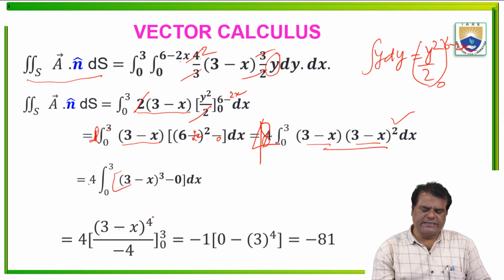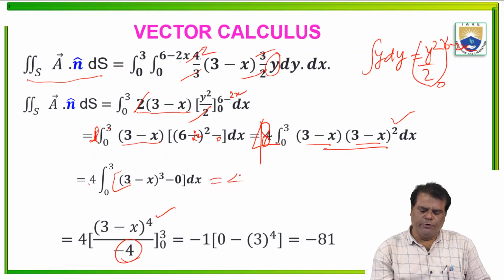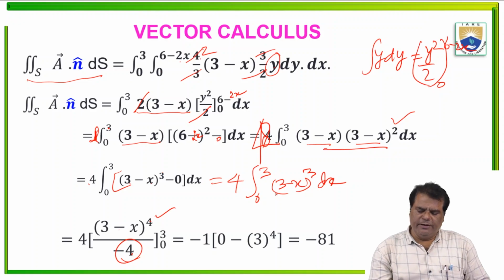So minus 4 integral of this 3 minus x whole cube dx. This equals 4 times the integral from 0 to 3 of 3 minus x whole cube dx. So we get 3 minus x to the power 4 upon 4 and minus sign. So 4 is cancelled, putting limits 0 to 3.